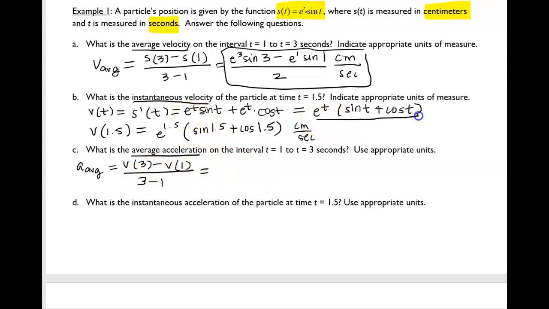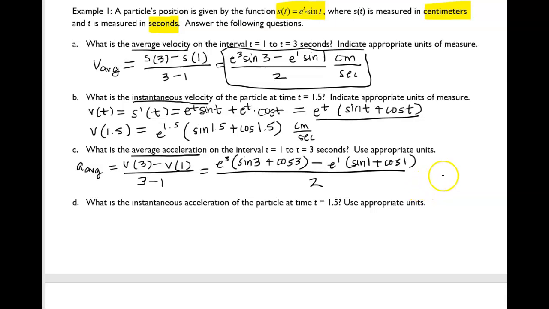I'll use the simplified form at 1 and 3. So e to the third times sine of 3 plus cosine 3 minus e to the first times sine of 1 plus cosine 1, all over 2. Now you could probably simplify that in some way, but we're just not going to worry about it. We're not going to spend our time on it.